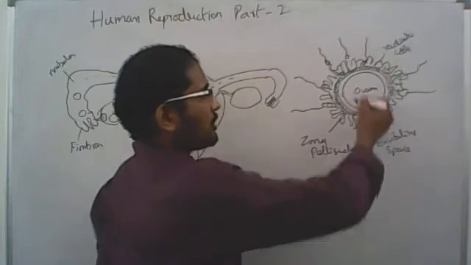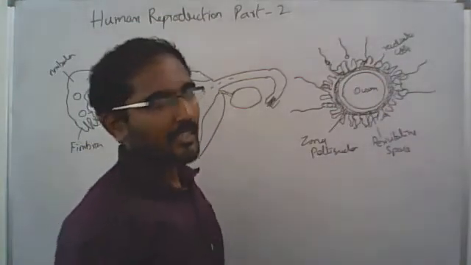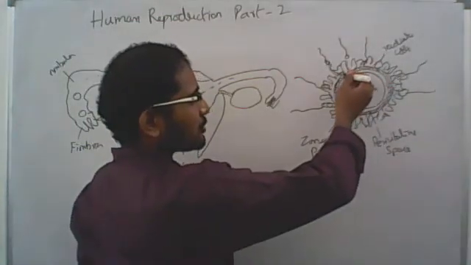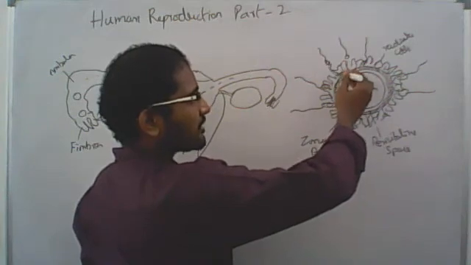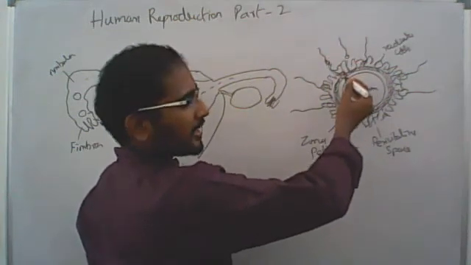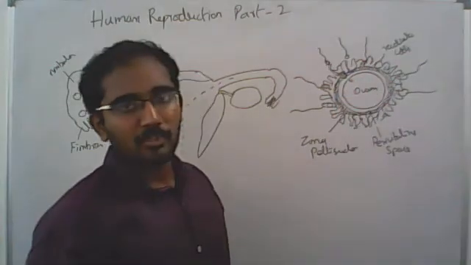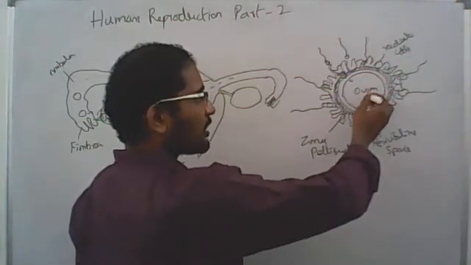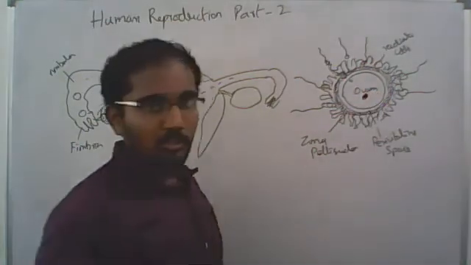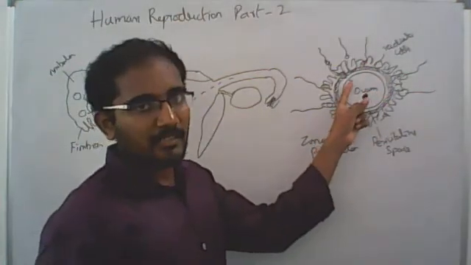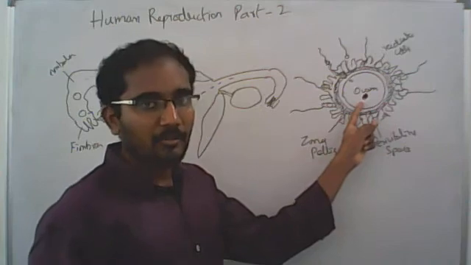In that case, once the acrosome has cleared the top layer, the nucleus inside the sperm can access and enter the ovum. The ovum also has a nucleus. This is one haploid nucleus, and this is another haploid nucleus.